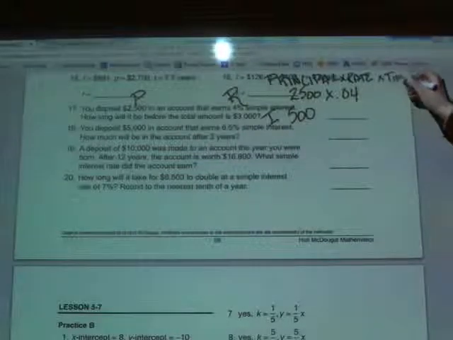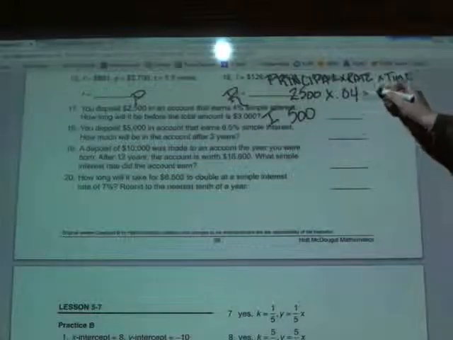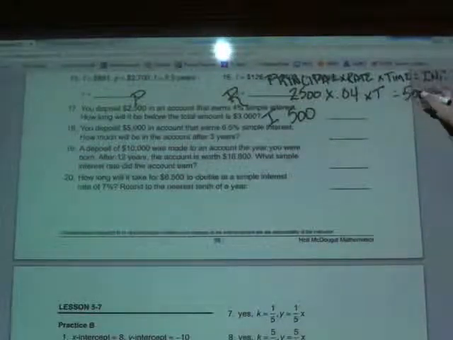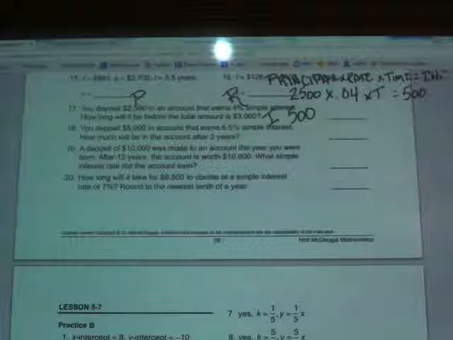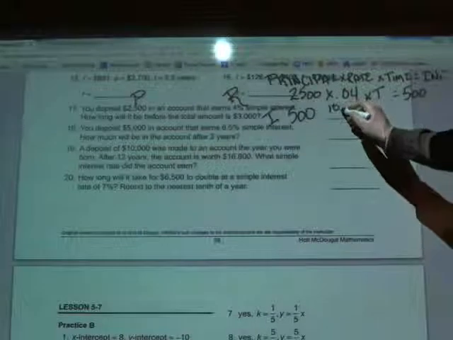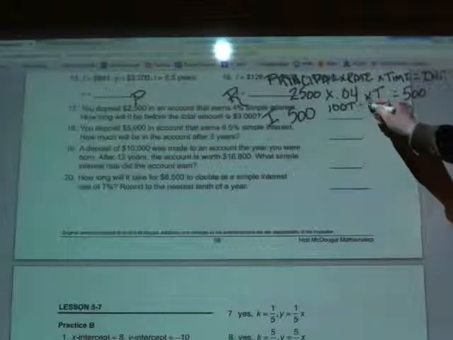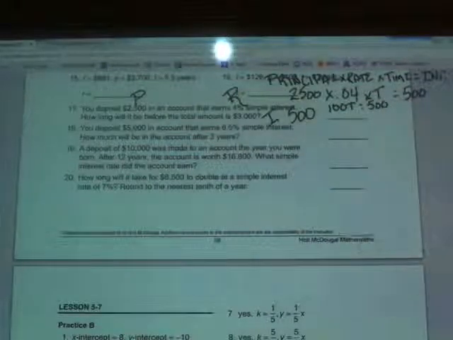Times the time, we have no idea, so that's going to be T, equals my interest, which we've now figured out is 500. So on the left side, we're going to go ahead and put that 2,500 and the 0.04 together. That's 100. So 100 T's equals 500. Solve the equation.